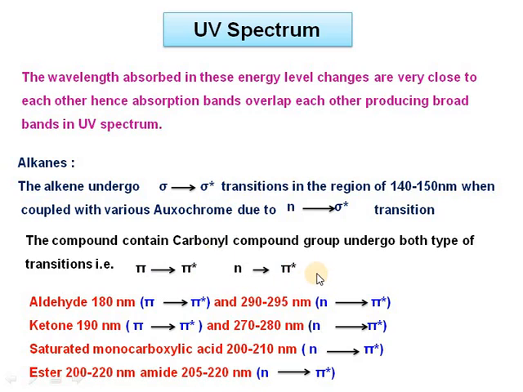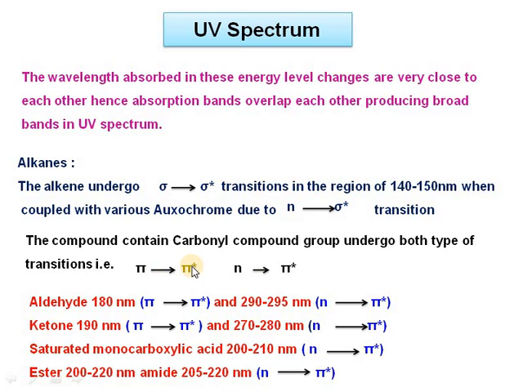The n to pi star transitions are observed due to the lone pair of oxygen, and the carbon-oxygen double bond, that is the pi bond, gives pi to pi star transitions.